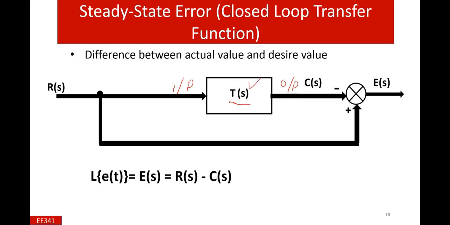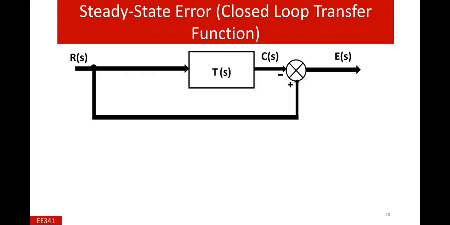If we want to find the error, it is the difference between the input and output. We take the input at this junction and the output with a negative sign, so this error signal is the difference between input and output.